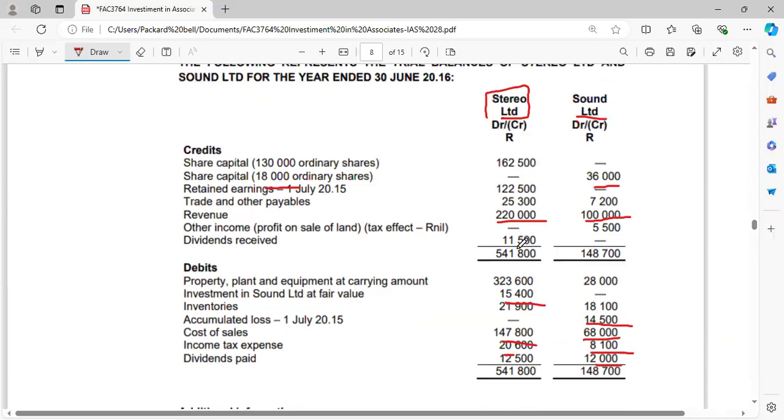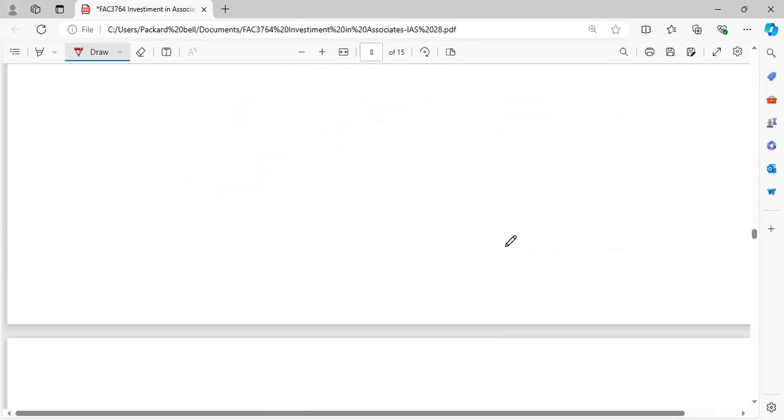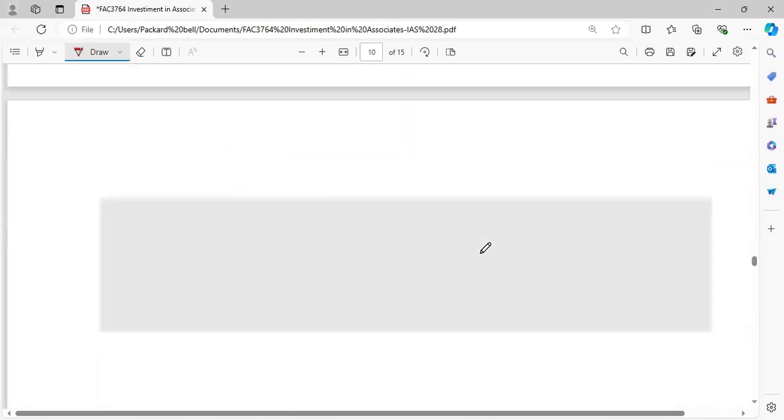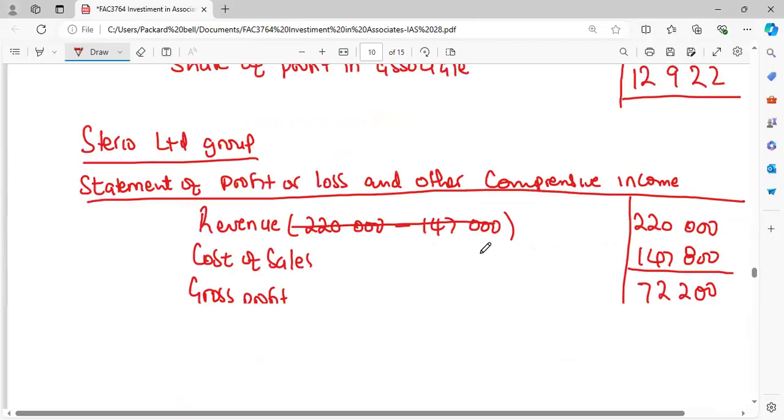So we are having dividends here, 11,500. These are the dividends that we received. But we should not forget to eliminate them, the one that was received from the associate.